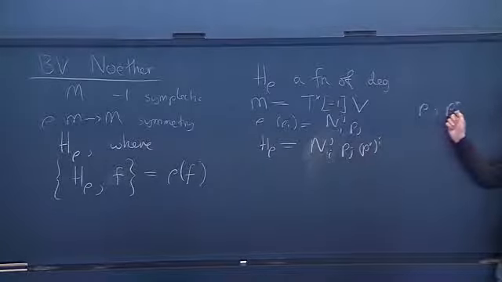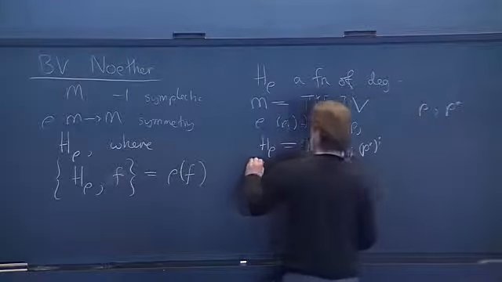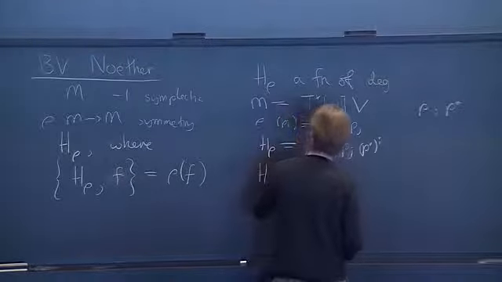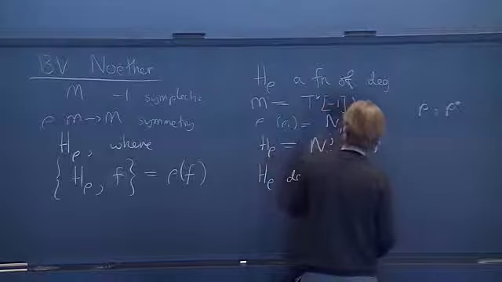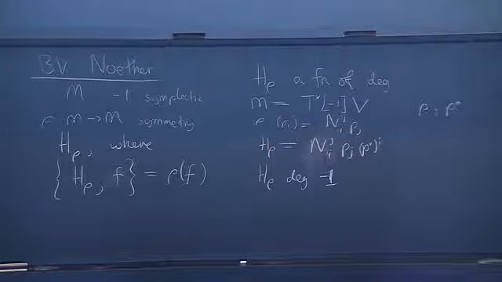Because this is an antifield, it has non-zero degree, so it would be -1. This is completely trivial. It's far more trivial than Noether's theorem.